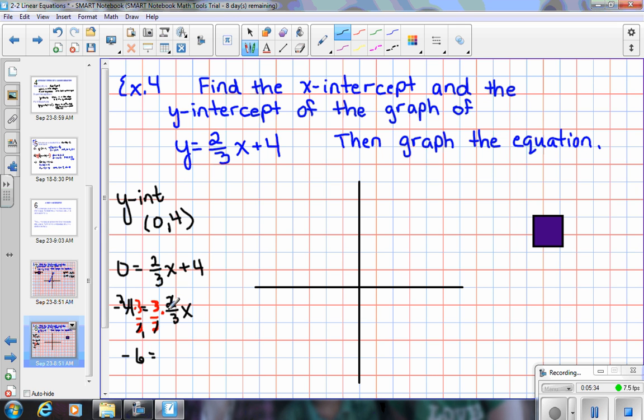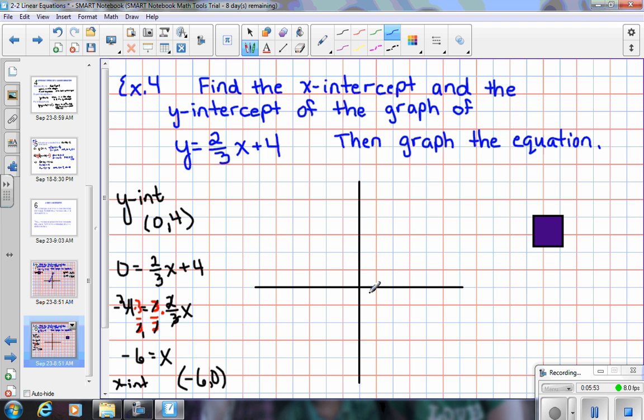Over here, the 2's cancel, the 3's cancel, which is why I chose to multiply by the reciprocal, and we get x equals -6. So we have (-6, 0) for the x-intercept and (0, 4) for the y-intercept.